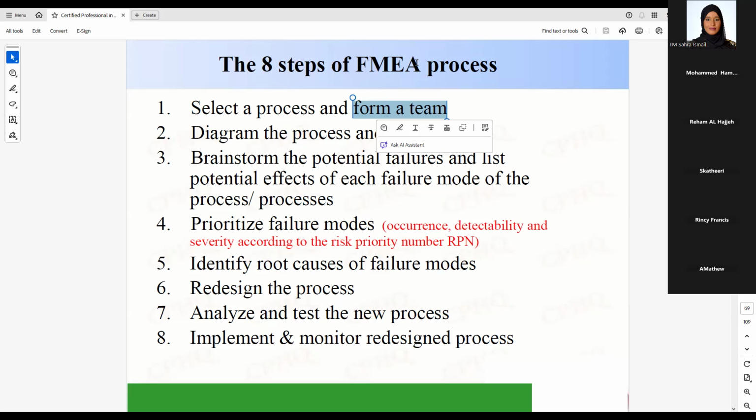So they looked at all the ways the medical records can be unintentionally exposed to others, confidential records, and how we can reduce the possibility of that kind of exposure. So what they did is they looked at that process, they formed a team that specifically knows about that process. So your HIM team, your nursing team, your physician, somebody from the clinic, somebody who represents the porters who transport those records. So they brought each and everyone that has something to do with that process as part of the team.